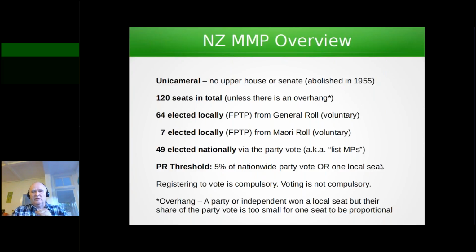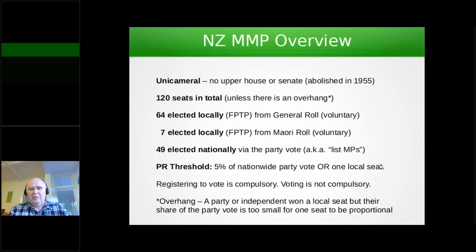The PR threshold in New Zealand: there are 2 of them. One is if your party gets over 5%, you get your proportion of the seats. Or if you win 1 local seat, you are then entitled to your proportion of the party vote. Most often, or maybe half the time, that ends up with that party winning just that 1 seat, and their share of the vote outside that seat is minimal, so they don't get any extra seats.